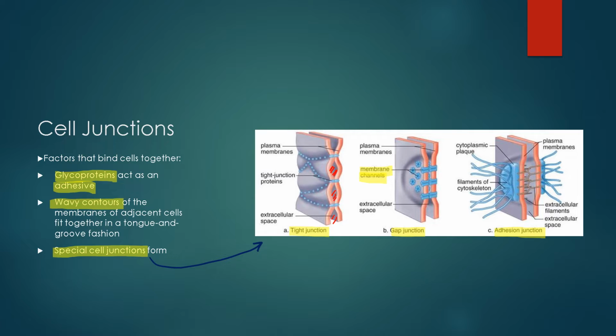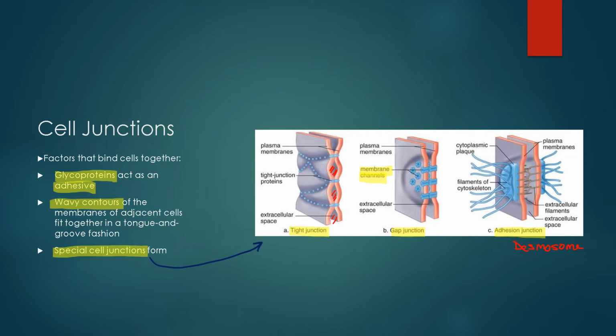Lastly, we have the adhesion junctions. This particular adhesion junction has a special name. It is called a desmosome. It's a type of adhesion junction. And this desmosome is an anchoring cell junction that binds adjacent cells together and acts pretty much like cellular Velcro.